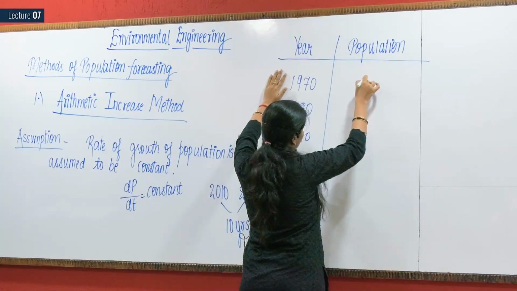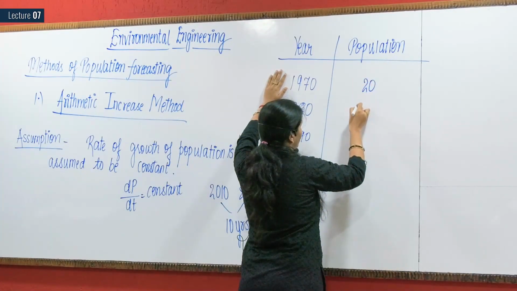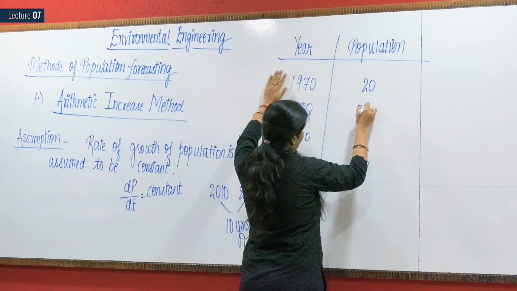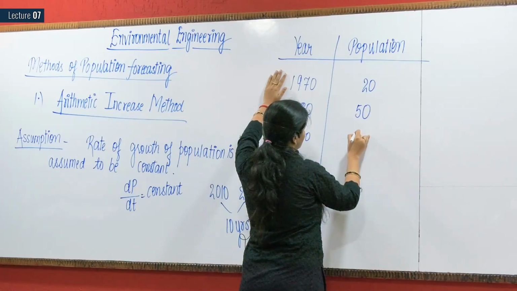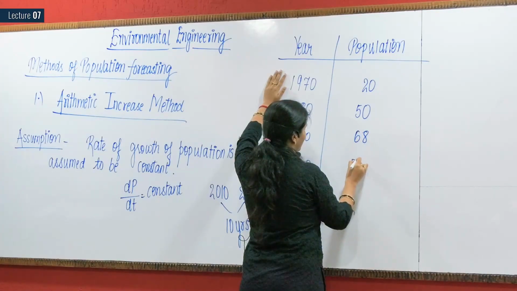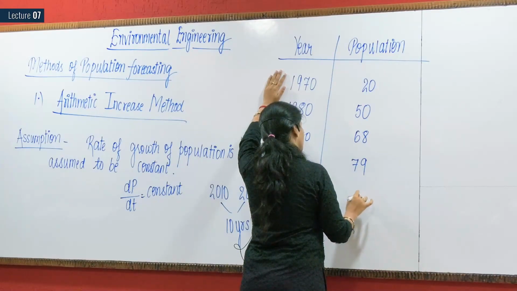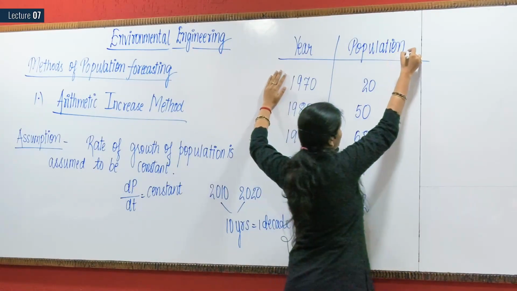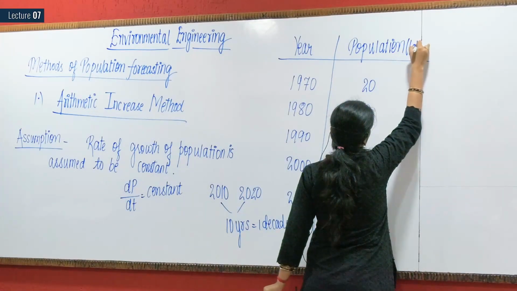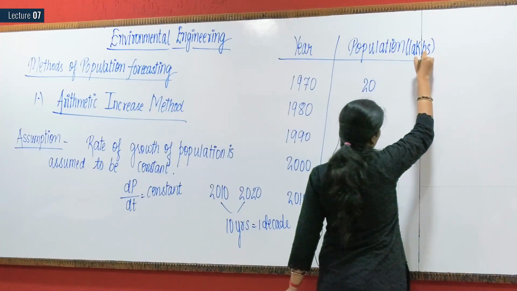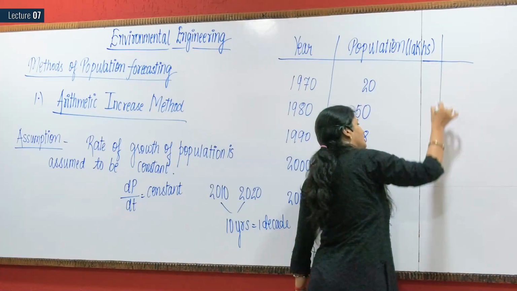Let us suppose the population is 20. Here it's 50. Here it's like 68. I'm just taking arbitrary values; you can change them as you like. And this is 92. These populations are in lakhs. This is an arbitrary value, just taken for explanation purposes.